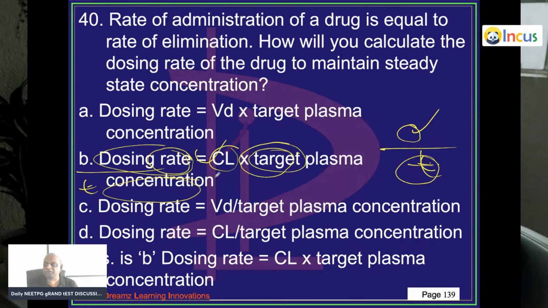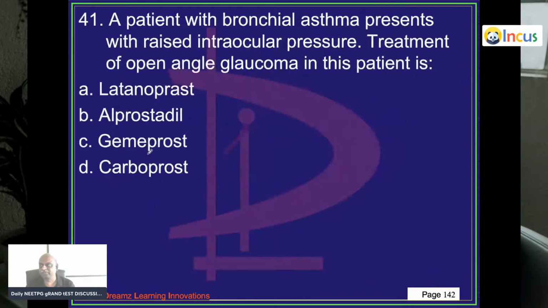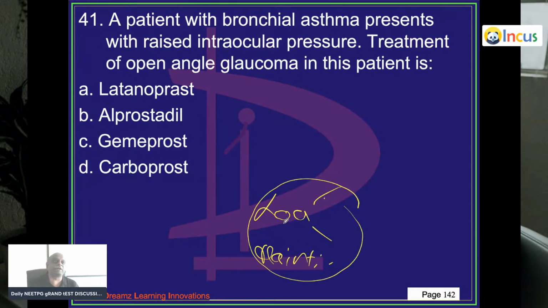So target plasma concentration into clearance will give you dosing rate. Once more, what is loading dose dependent on? Is it dependent on bioavailability, or on the half-life, or on what factors? Similarly, maintenance dose is dependent on which of these pharmacokinetic parameters?